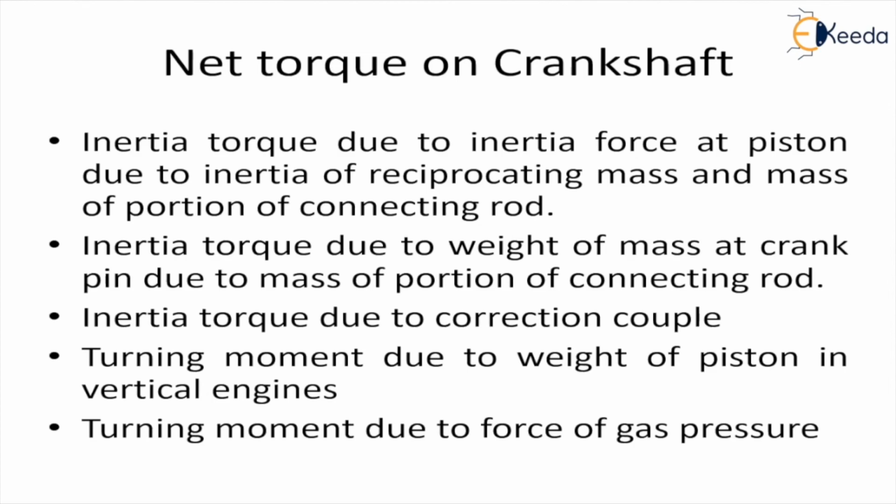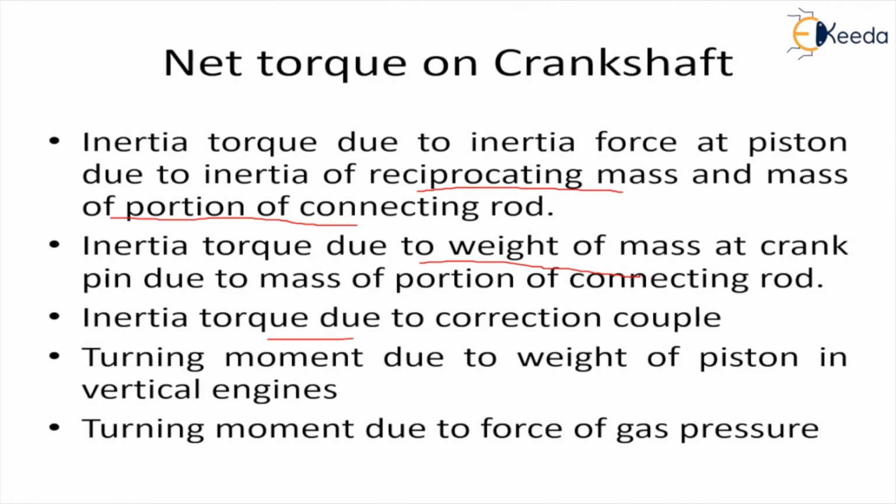Therefore, the net torque on the crankshaft is because of these five factors: the inertia torque due to the inertia force at the piston because of the inertia of the reciprocating masses, plus the masses of the part of the connecting rod which is added at the gudgeon pin, the inertia torque because of the weight of the mass at the crank, which is added because of the connecting rod at the crank pin. This we have already discussed.